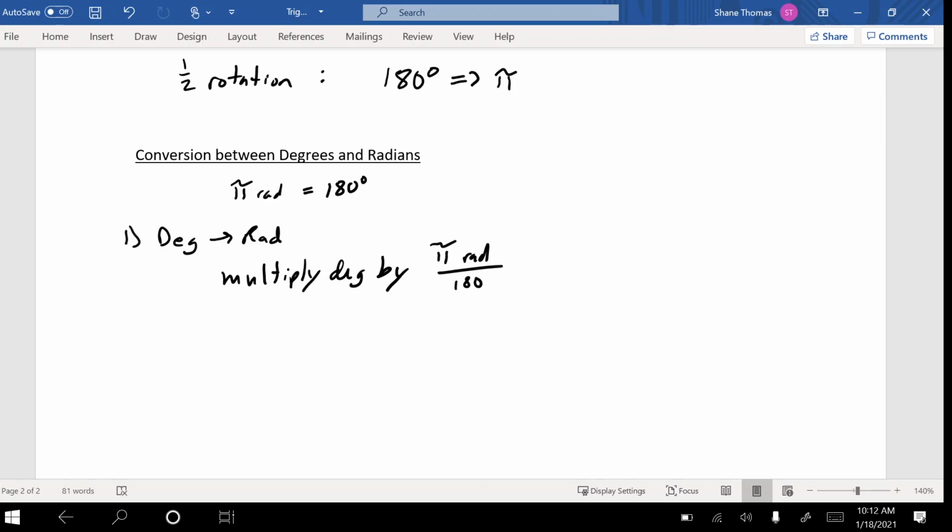If I want to go from radians to degrees, I multiply my radians by 180 over pi radians.